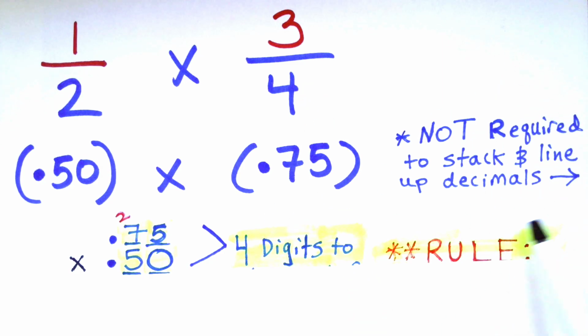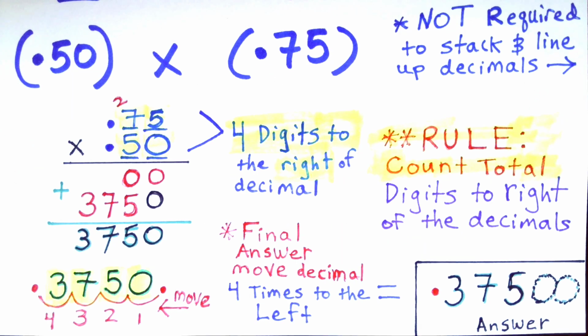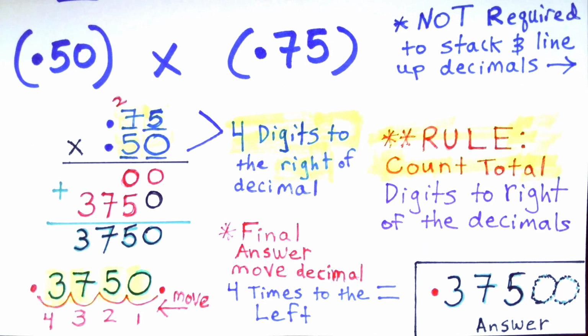Now, you're not required, like you do when you add and subtract, to stack up the decimals and line them up, although it's a coincidence that's what's happening here. But what's really important when you multiply, you want to make sure that you're counting how many digits to the right of the decimal there are. There's a rule that we want to follow. Here there are 4 digits to the right of the decimal.